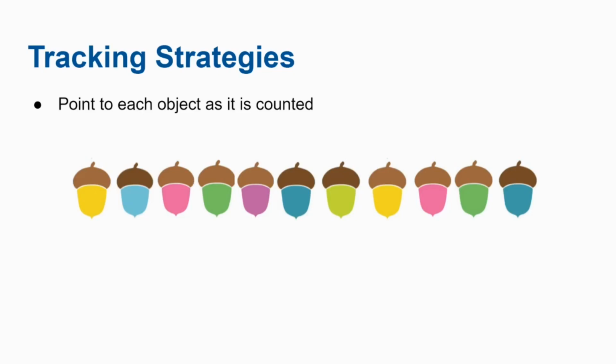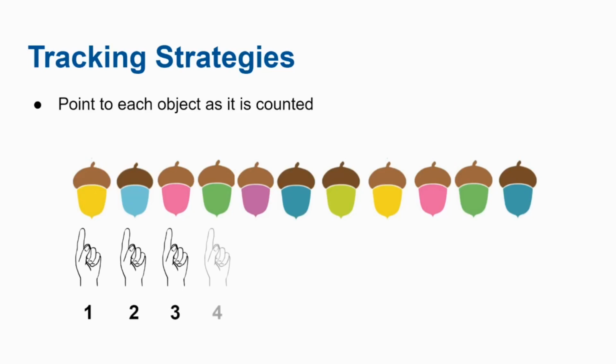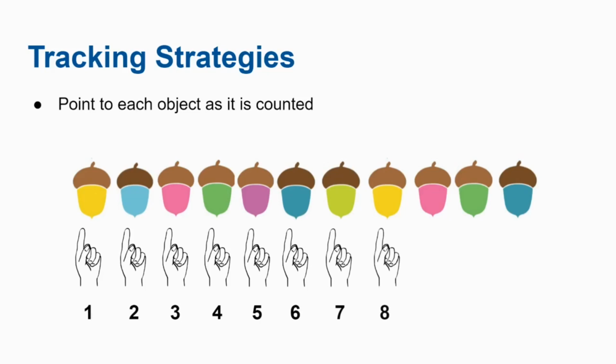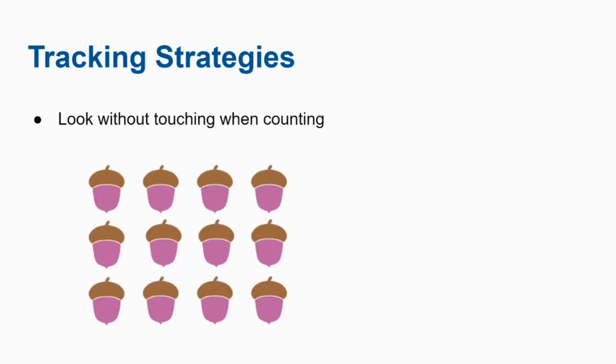Here is an example of how a student may point to each object as it is counted. Here is an example of how a student may look without touching when counting.